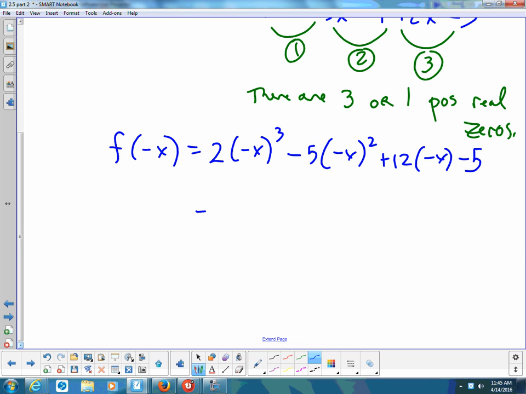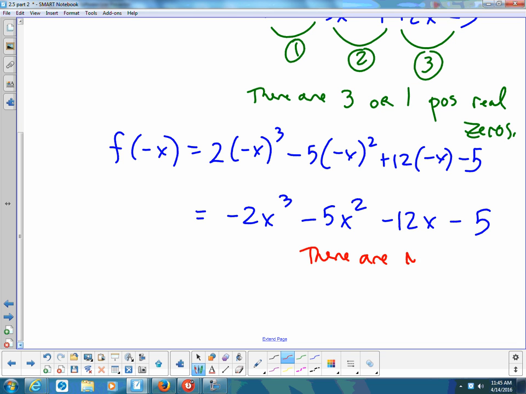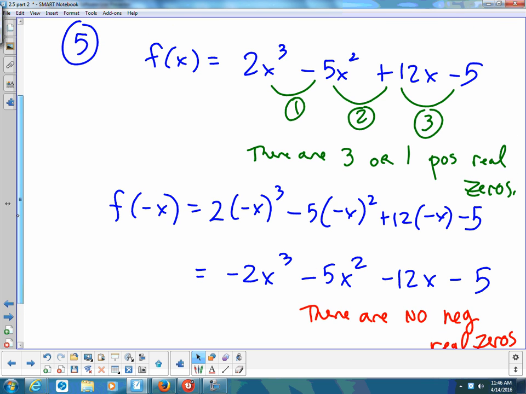Negative 2x cubed minus 5x squared minus 12x minus 5. So what's our conclusion, Anne? There's 0 negative real zeros. Okay, so we can say there are no negative real zeros. It's not going to cross the x-axis at all to the left of the y-axis. Can you test that? Graph this function, please. This is this function right here.